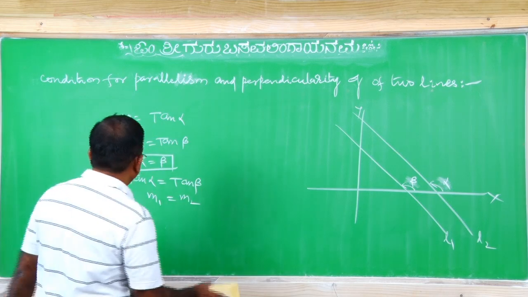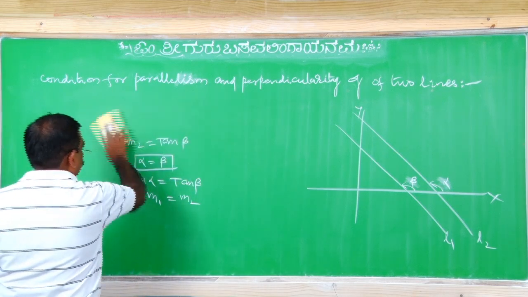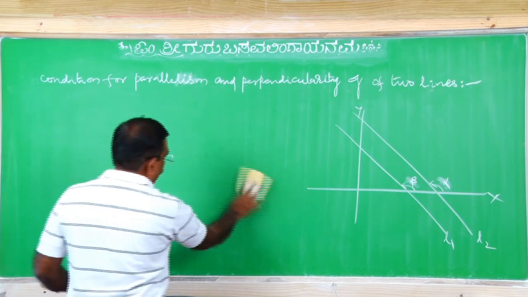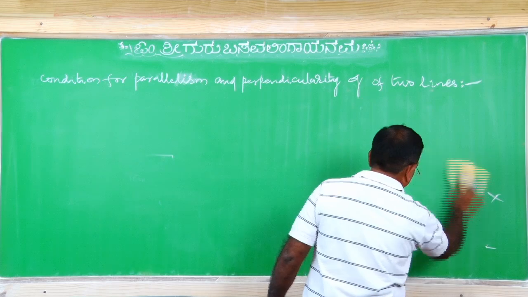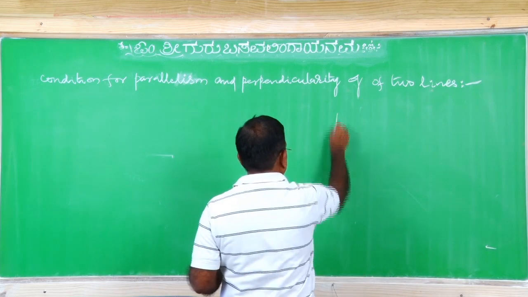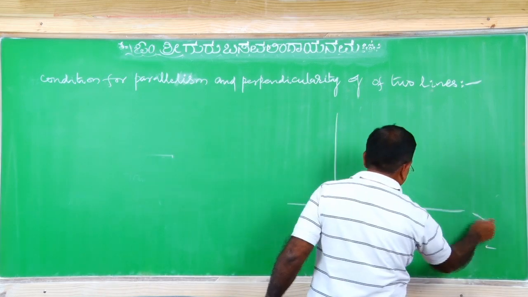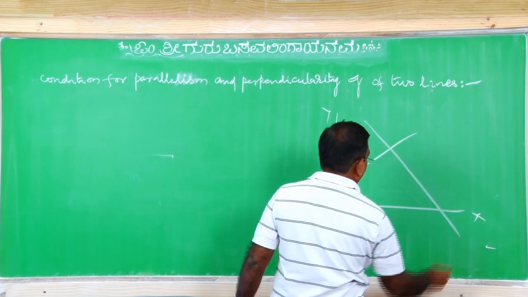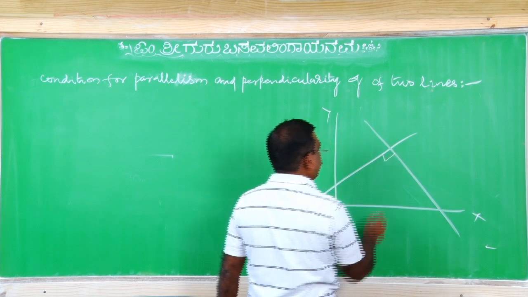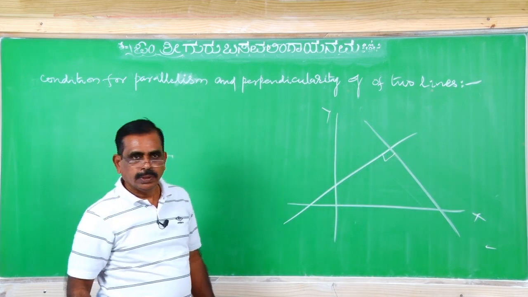Perpendicular condition, perpendicularity. I will draw the diagram. Here x-axis, y-axis, one line, other line. Here these two intersect at what angle? 90 degrees.